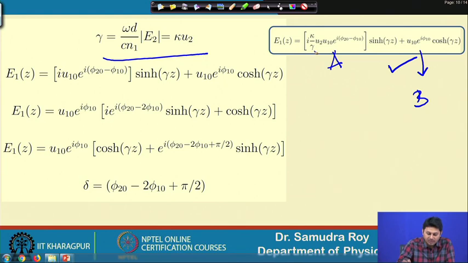If I put gamma equal to kappa u2, these two terms kappa u2 will cancel out, and we will have simply I u10 e to the power of I phi 2 0 minus phi 1 0, which is the phase term, then sinh of gamma z and u10 e to the power of I phi 10 cosh of gamma z.